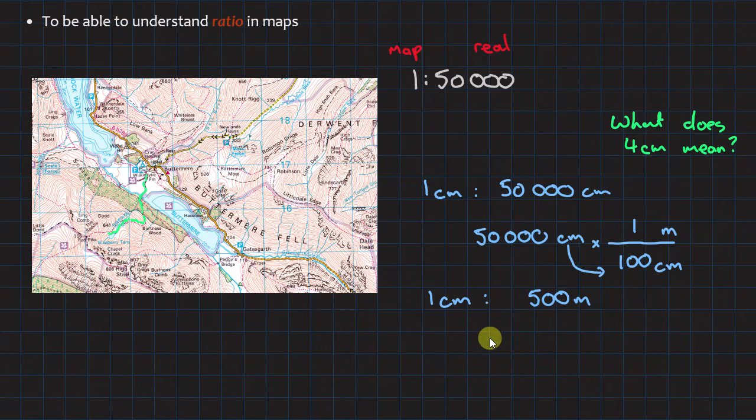So we do the same trick. I know 500 metres. I want to convert the metres on the top, so I put metres on the bottom, to kilometres. What's the conversion we know? 1 kilometre is 1,000 metres. Effectively we're saying these two things are the same. So 1 centimetre is half a kilometre.